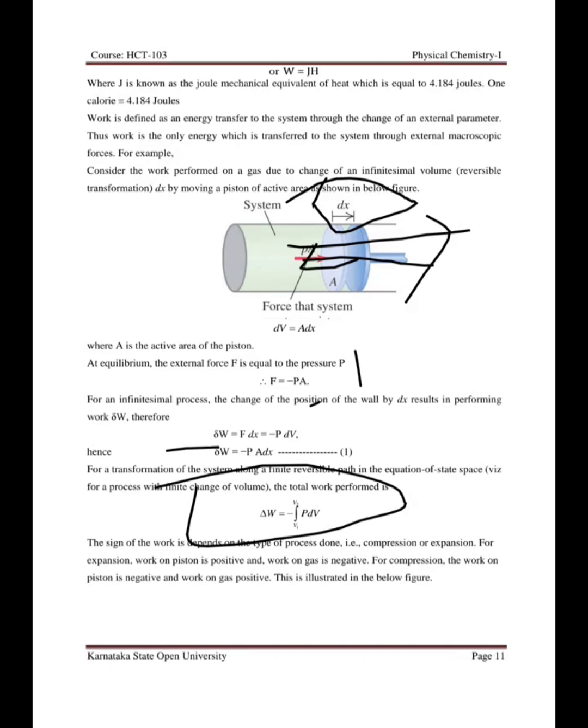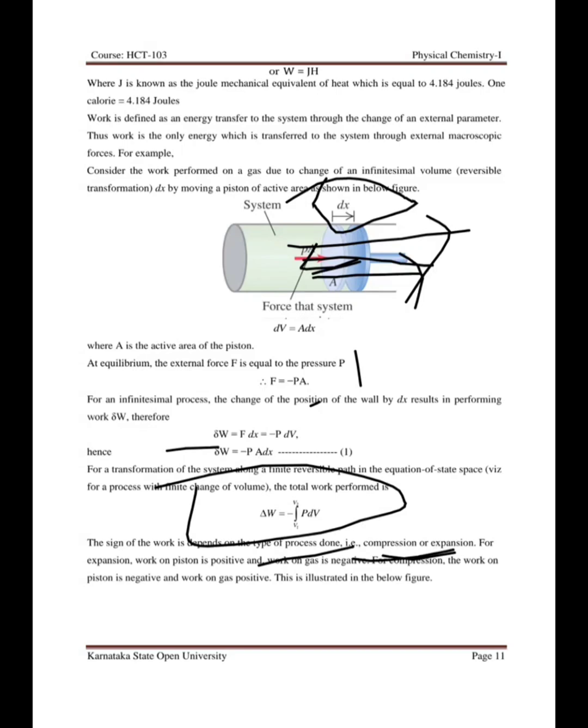So the work is dependent on the type of process done. For compression or expansion, as I have told, the piston is coming inside or going outside. Where it is coming inside, it is negative, and where it is going outside, that is the expansion, so that will be positive.